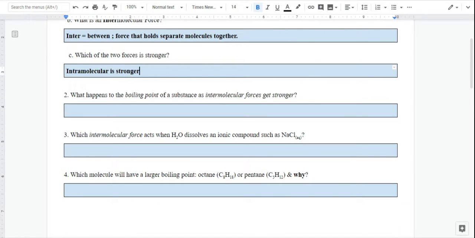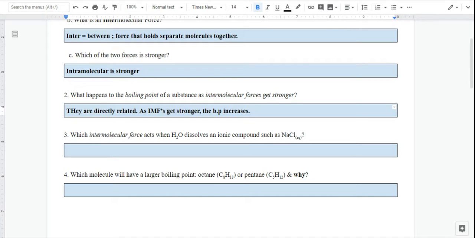What does the boiling point have to do with them? So they are directly related. So meaning as intermolecular forces get stronger, the boiling point goes up, increases. So to boil something like water, you have to break all the intermolecular forces.